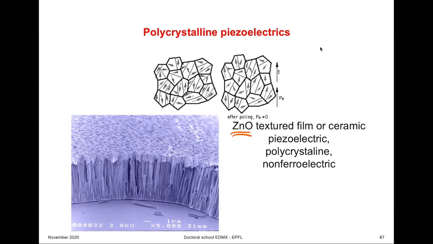Very often you will find in books that if you have a ceramic, it has to be ferroelectric to be piezoelectric. Ferroelectric, because when you apply a field, you reorient polarization and you get some remnant polarization, and that gives you piezoelectricity. It is in fact possible to have a polycrystalline ceramic material which is not ferroelectric and which is piezoelectric if you orient all grains or the majority of the grains in the same direction, and that can be done.